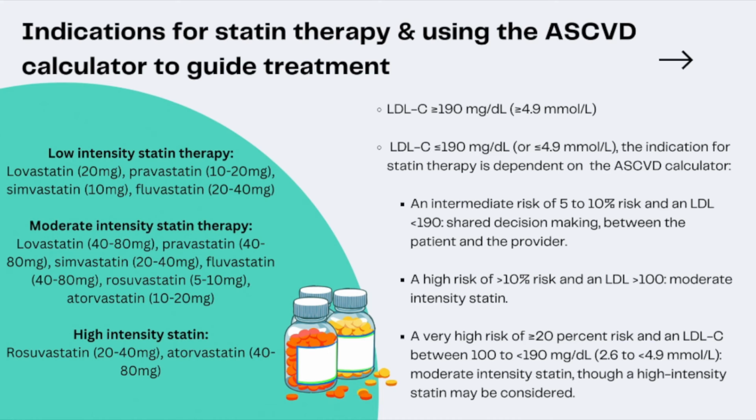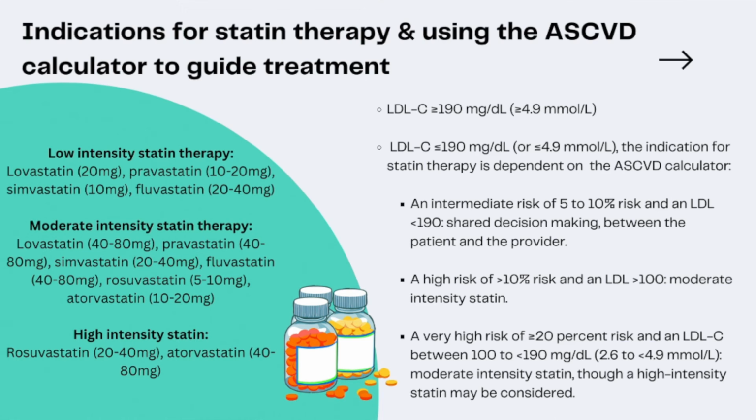And then if they have a high risk for cardiac disease, so this is defined as greater than 10% risk for cardiac event in the next 10 years with an LDL greater than 100, then statins are definitely indicated for this population. A high risk for cardiovascular disease would be an indication for a moderate intensity statin.